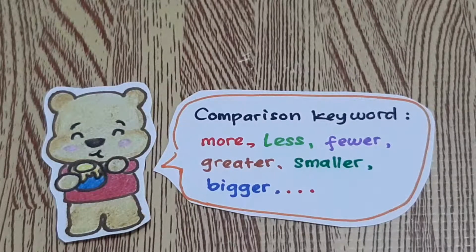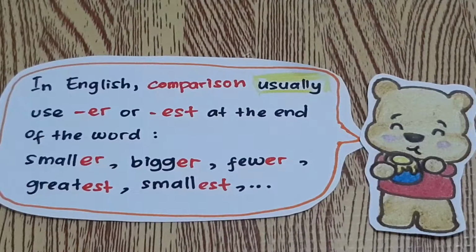Can you mention the other ones? Okay, so be careful. If you see this kind of word, you have to use the comparison model. Now, in English, comparison usually uses ER or EST at the end of the word. For example, smaller, bigger, fewer, greatest, smallest, and so on. Okay?